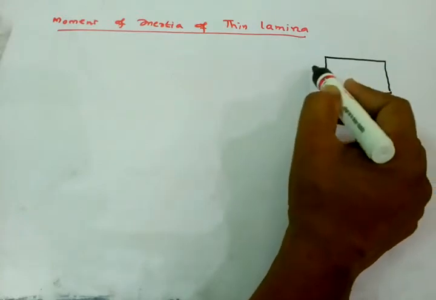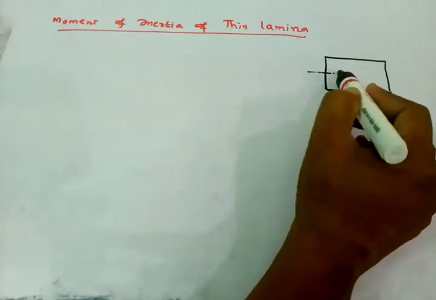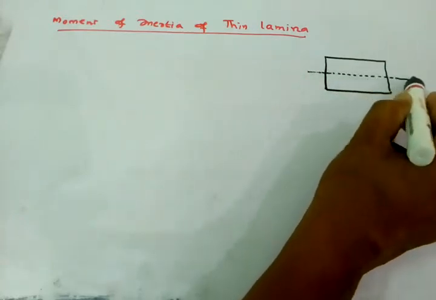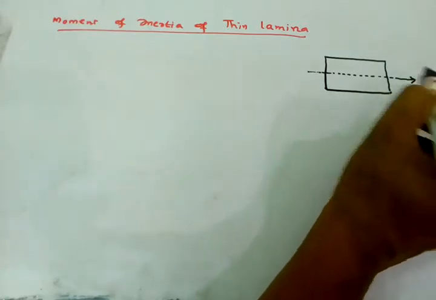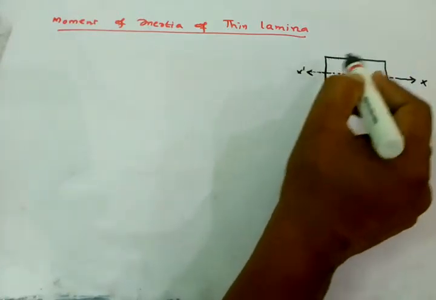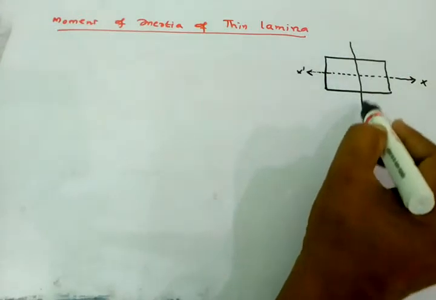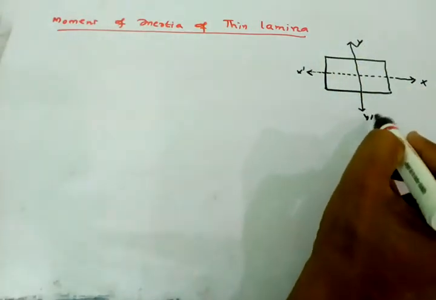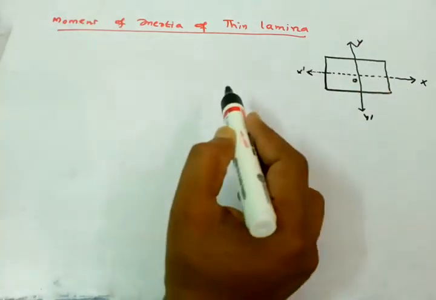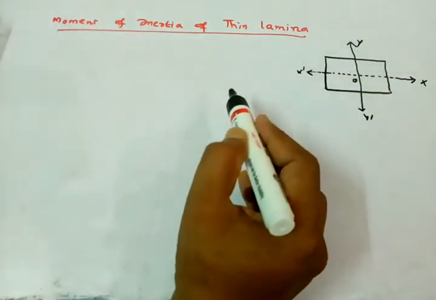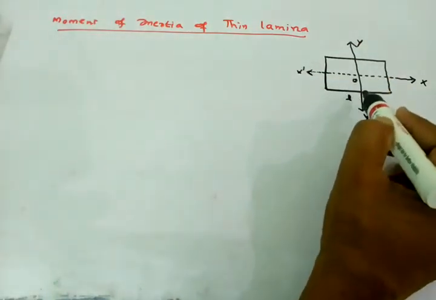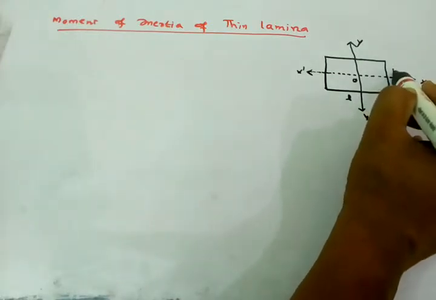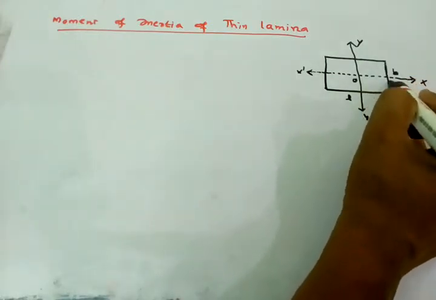Next, this is the axis x dash, this is y dash, and this is the origin O. This is the length of the lamina, and this is the width of the lamina, this side.